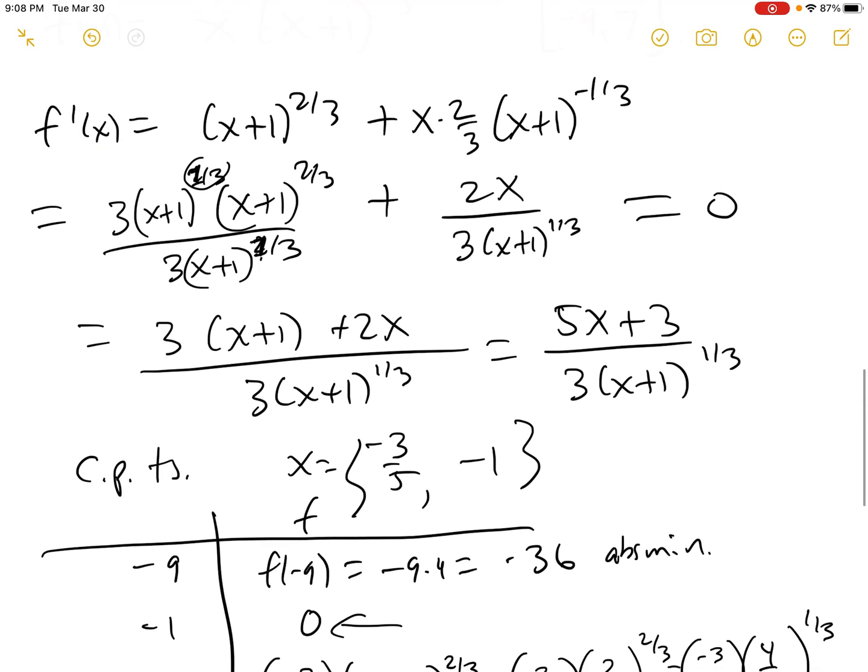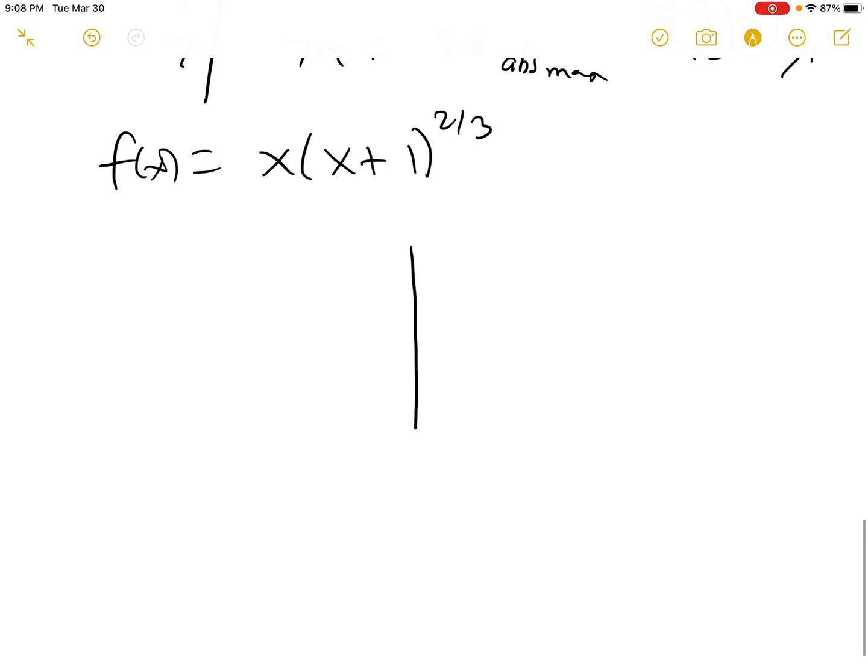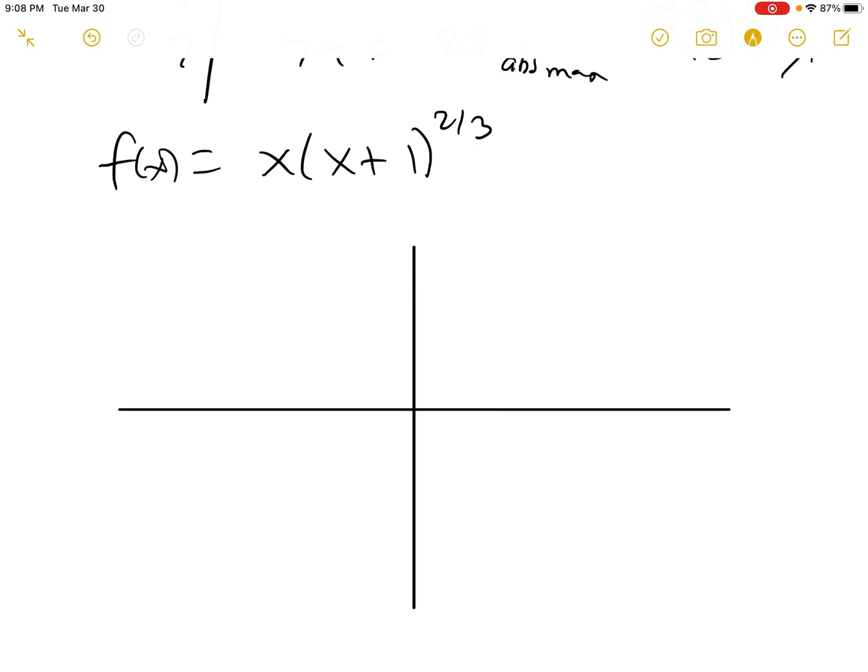Right? So I get that x times (x plus 1) to the 2/3. Okay, so we exploit the zeros here. We have a 0 at 0 and a 0 at minus 1.